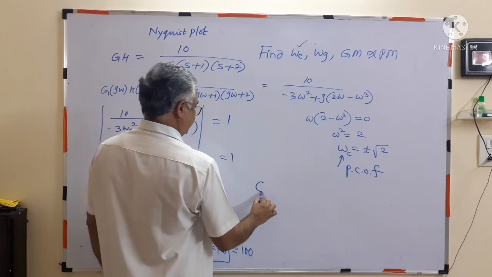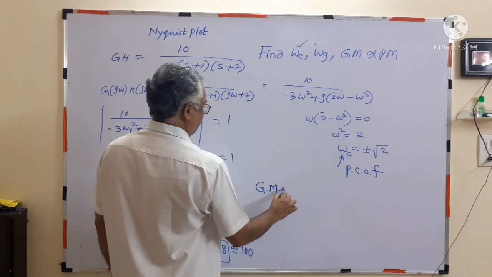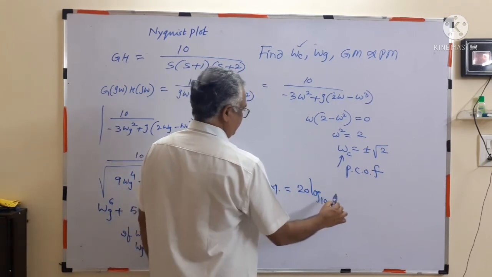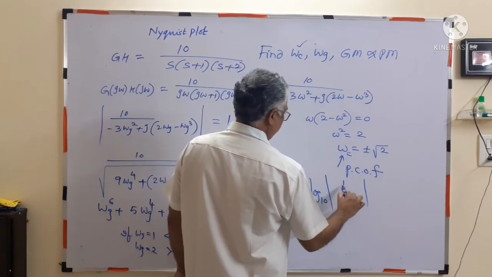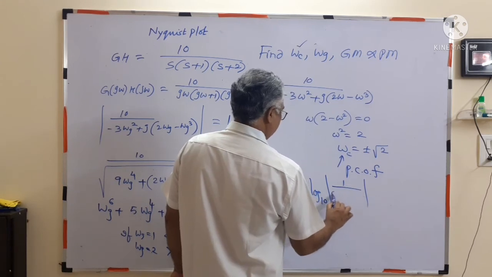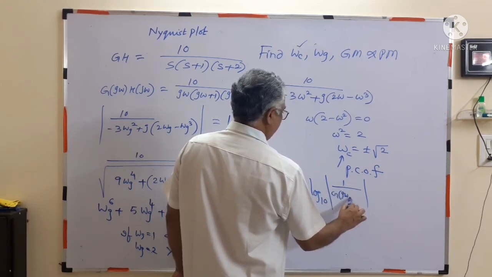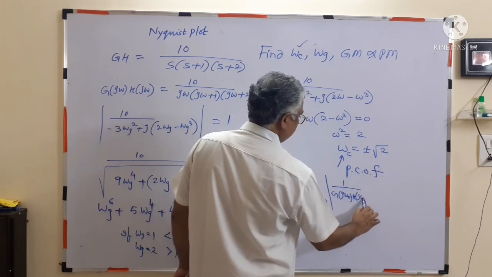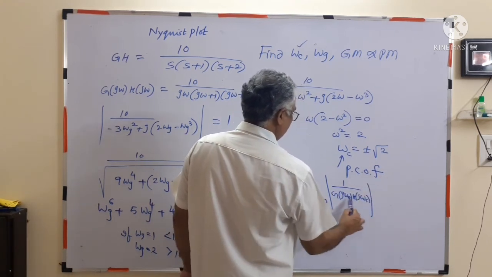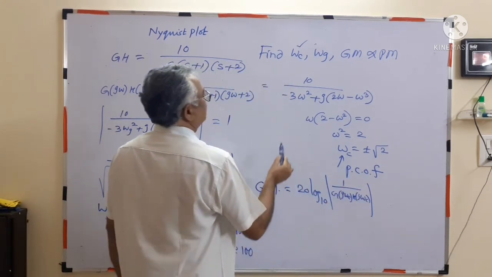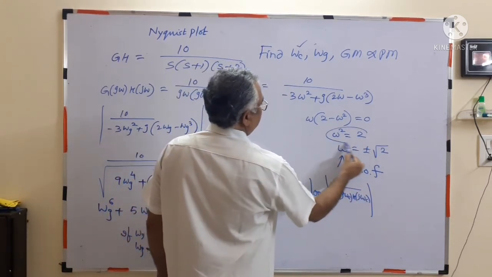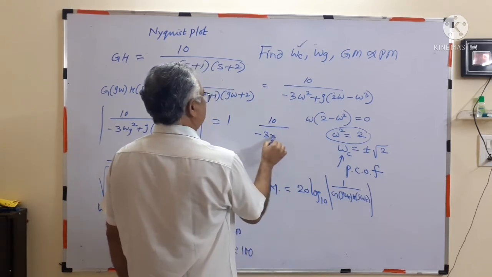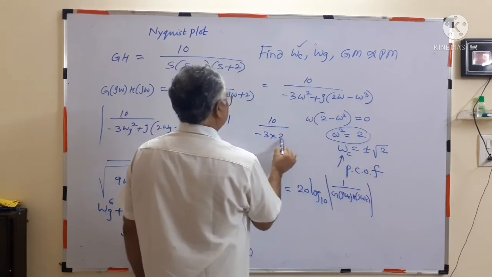Next, gain margin. What is gain margin? 20 log base 10 magnitude of 1 by G j omega c H j omega c. At omega c, what is the gain? 10 by minus 3 into omega square is 2, no?